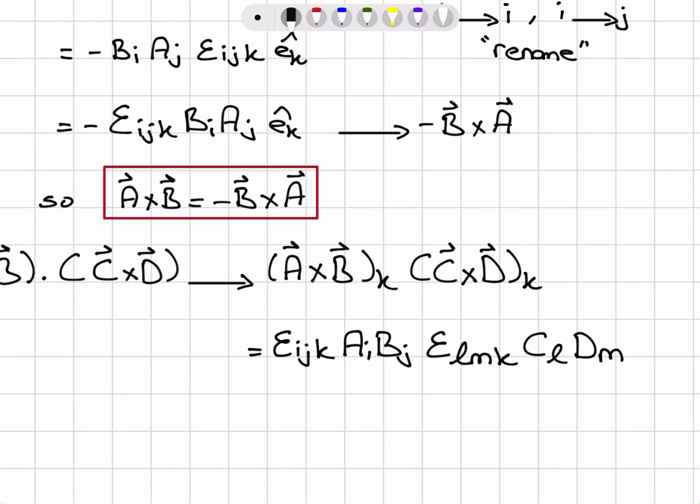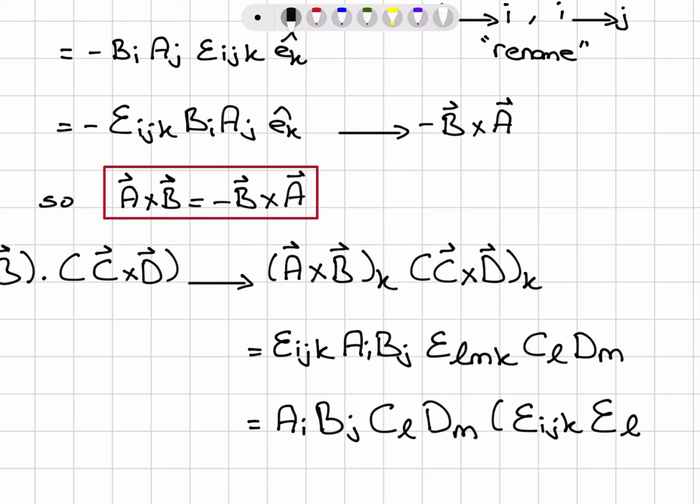Now, this is equal to A sub i, B sub j, C sub l, D sub m. I will put the epsilons together: epsilon ijk, epsilon lmk.